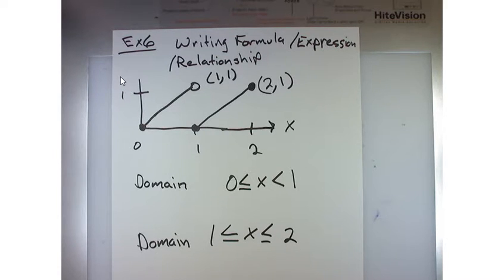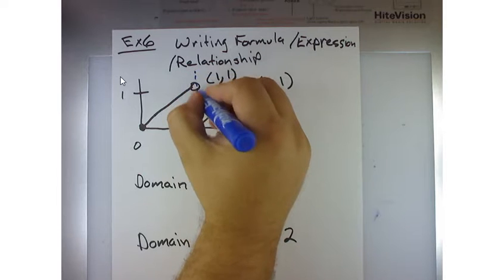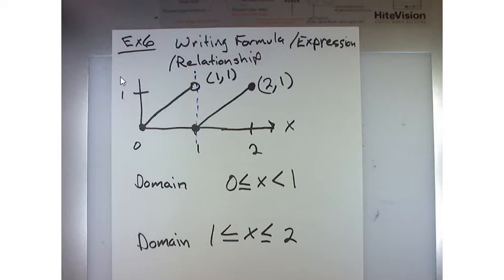Now, the vertical line test, or the definition of the function, is that there is one unique relationship, right? In other words, when x equals 1, is it defined only once? Yes. So if I draw a vertical line right through here, technically it only crosses one time.